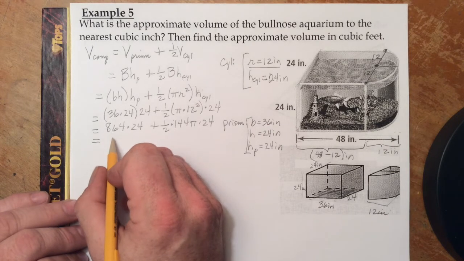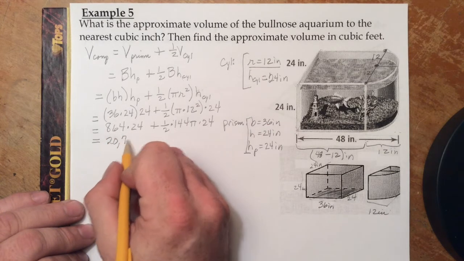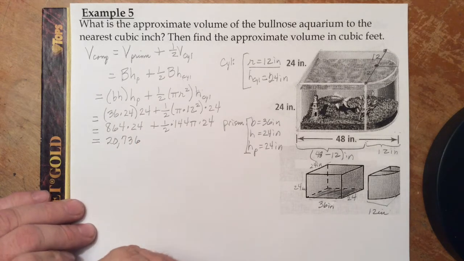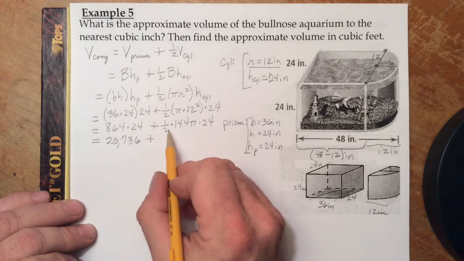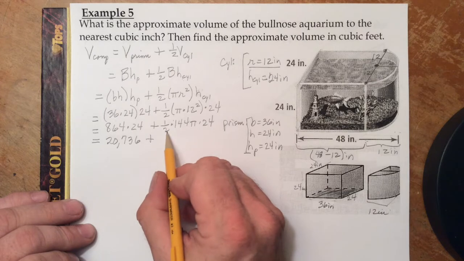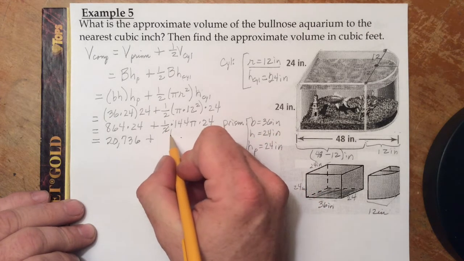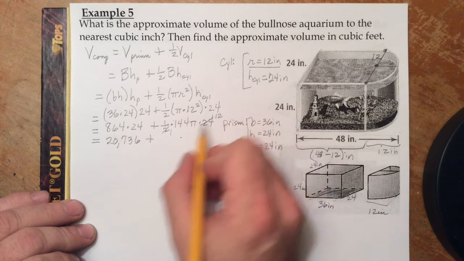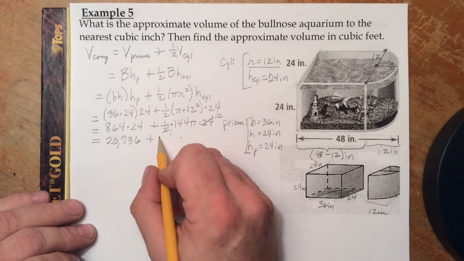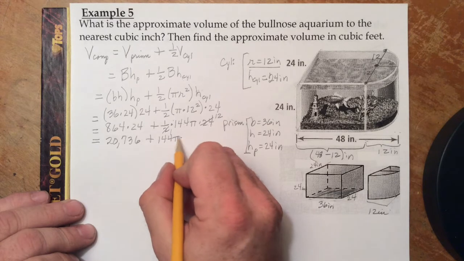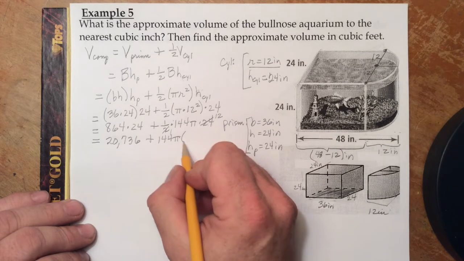864 times 24 is 20,736. Plus, we can take 1/2 of 144 or 1/2 of 24. I'll use the 24. 2 goes into 2 once, 2 goes into 24 12 times. Now we have 144 pi times 12.